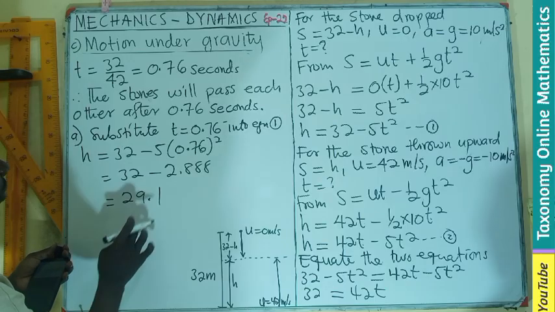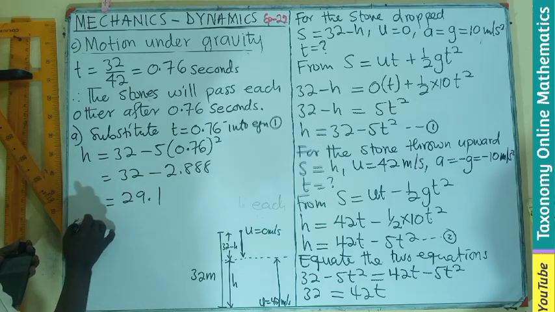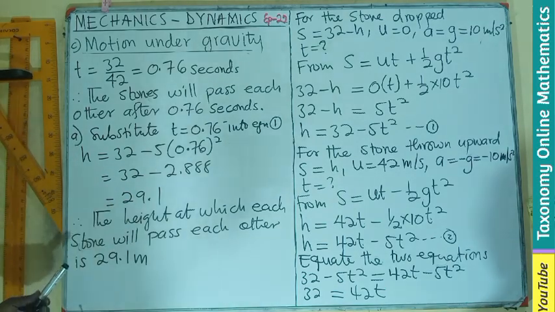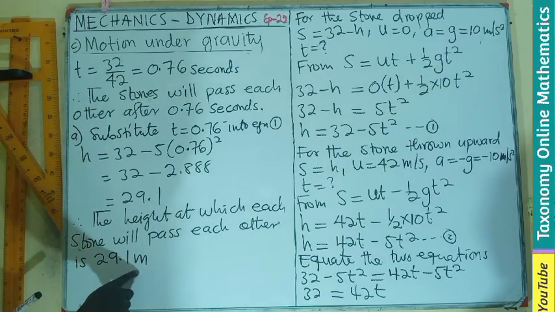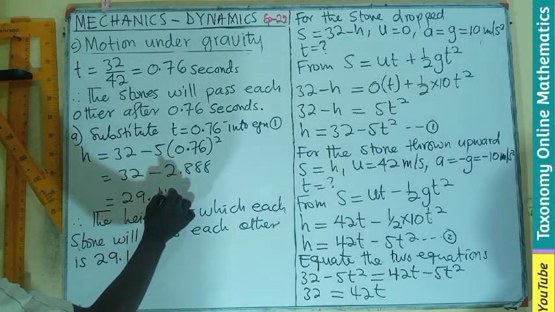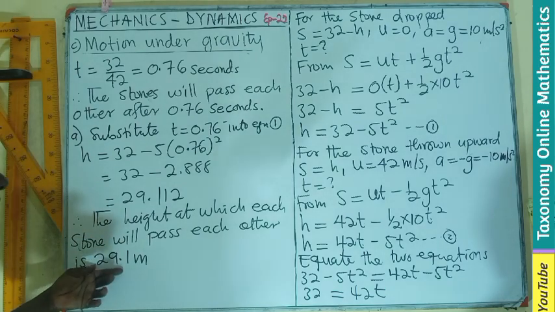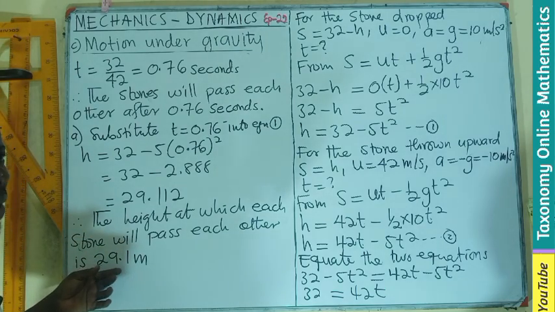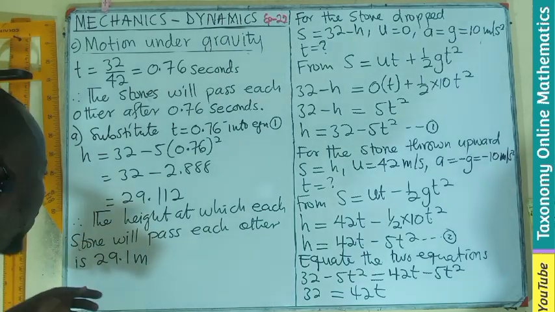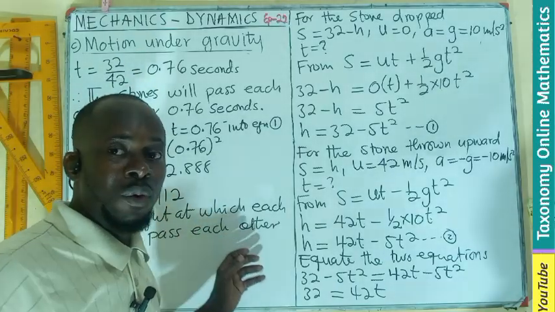Let me pick one decimal place. Therefore, the height at which the stones will pass each other will be 29.1 meters. So let's complete this to 3 decimal places. Then this becomes the height at which the stones will pass each other.